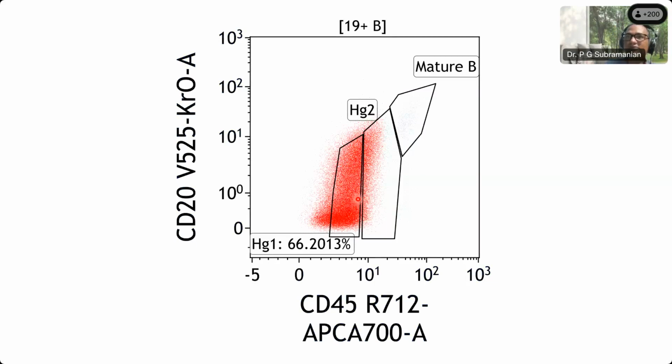CD34 can be negative in blasts. If CD34 is positive in the abnormal cell, you know definitively that they are blasts. But if CD34 is negative in the abnormal cells, you cannot say that they are not blasts. I hope I have answered the question.